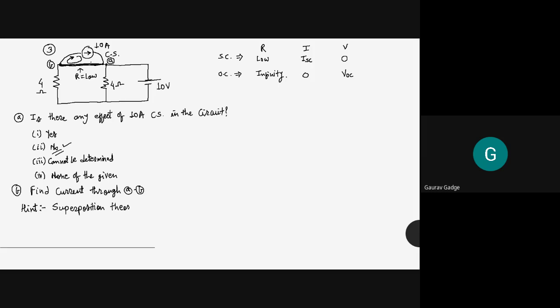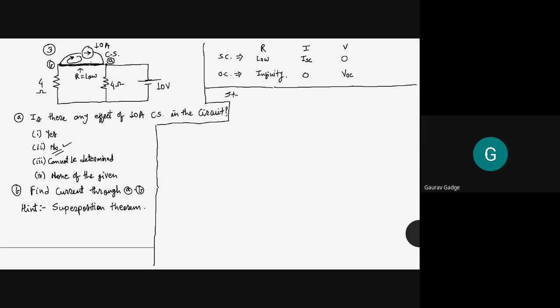So can anyone tell me the first step to apply the superposition theorem? What should be step number 1?